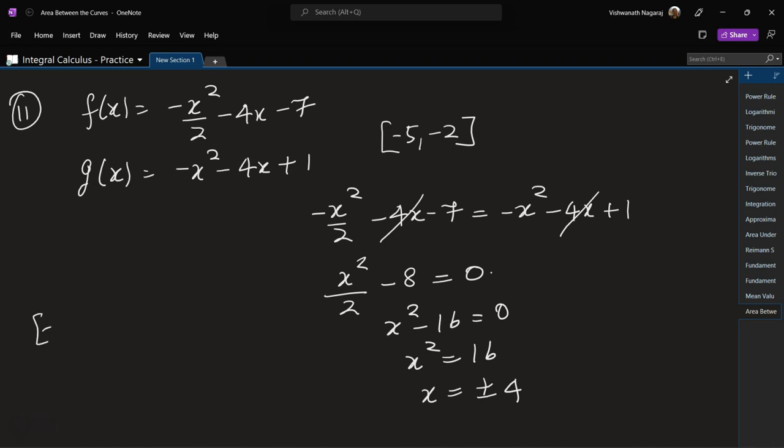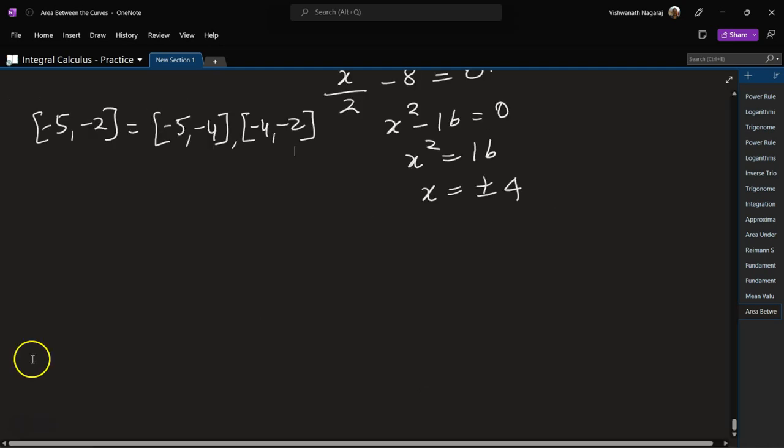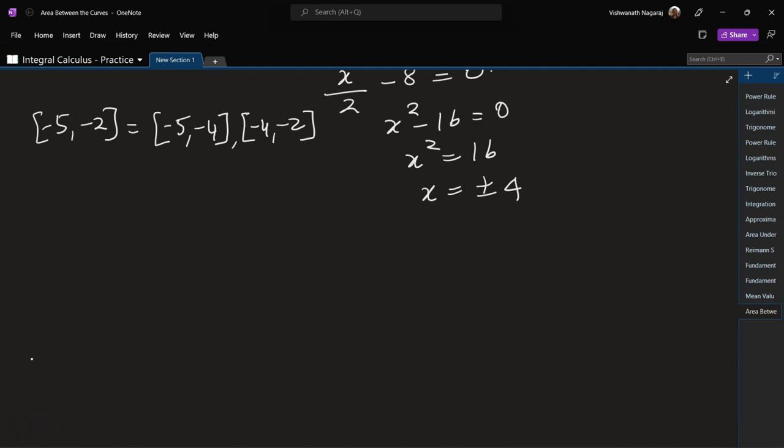So therefore minus 5 to minus 2 will get split into minus 5 to minus 4 and minus 4 to minus 2. Okay. So now we have to figure out which curve is higher or lower.